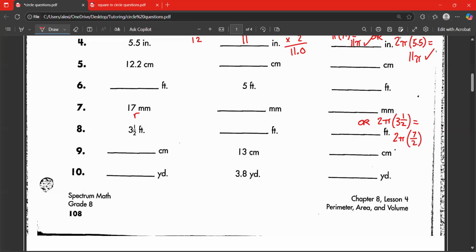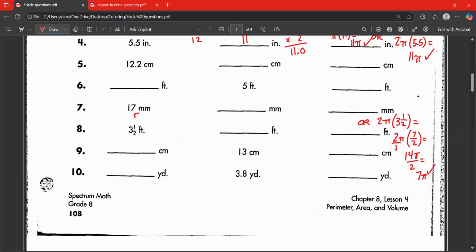Remember, multiply 3 times 2 plus 1, keep the denominator. And I get 7 over 2. Now this 2 has a denominator of 1. So we multiply numerators together, multiply denominators together, and we end up with 14 pi over 2, which is 7 pi.